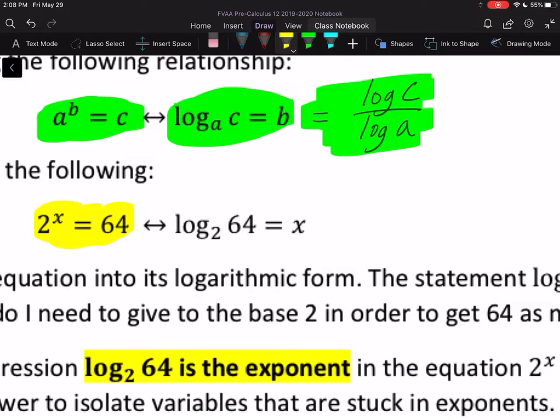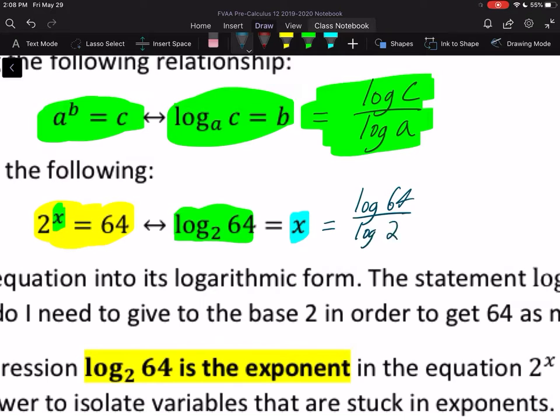But here we don't have to guess and check because we can convert the number with an unknown exponent into a log of this form here that equals the x that we're looking for. Okay, and of course here this would also be equal to log 64 over log of 2.